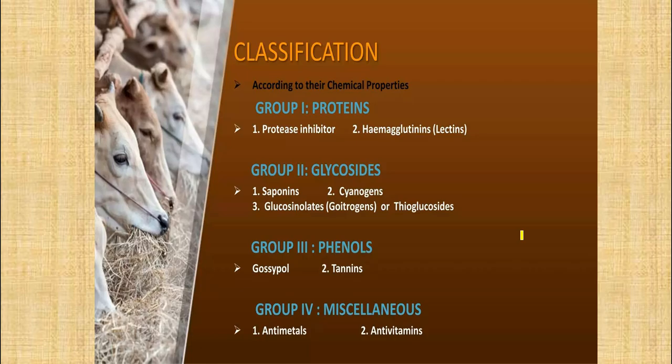And sometimes it is said that cottonseed cake, if soaked overnight in water, will lose about 20% of the cyanogenic glycoside. And group 4 is the miscellaneous group. So these are called anti-metals and anti-vitamins.